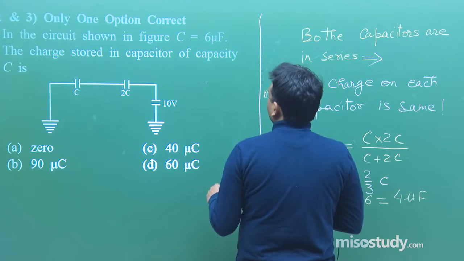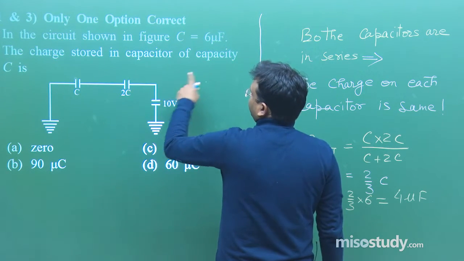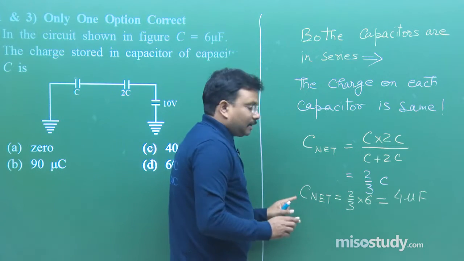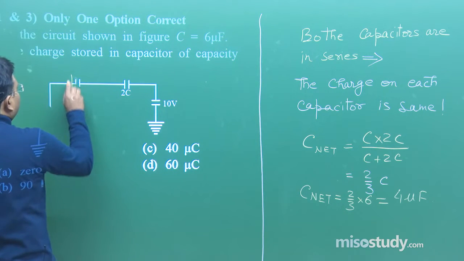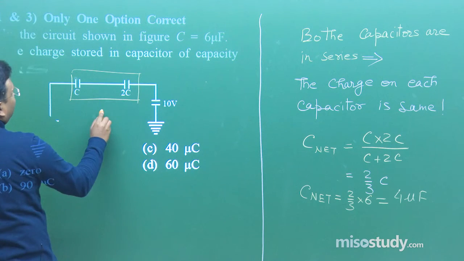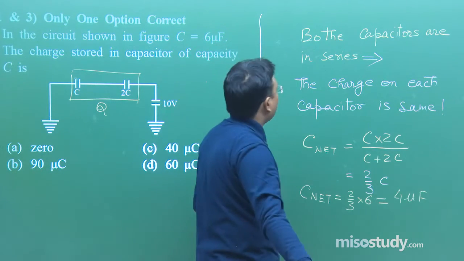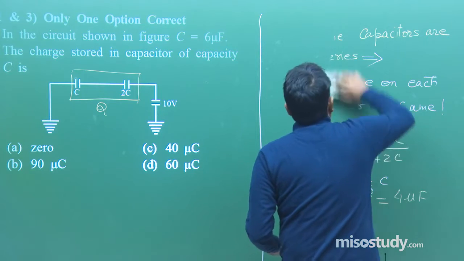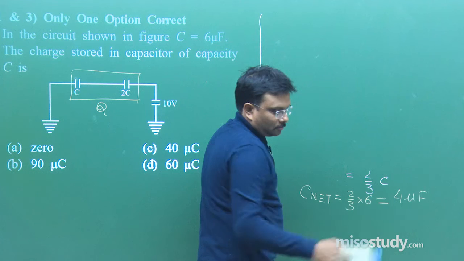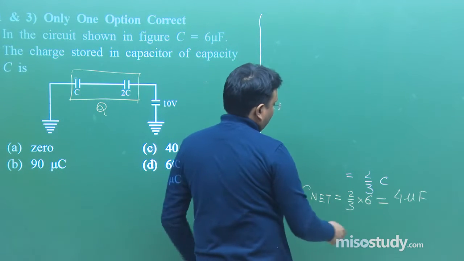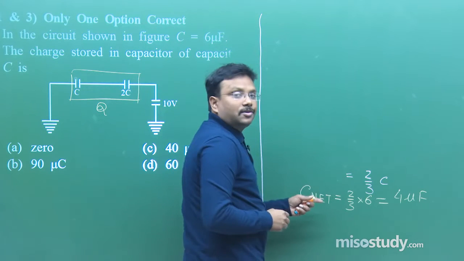Actually this 4 microfarad is the capacitance; we want the charge stored in capacitor of capacity C. Ultimately, after finding this value of net capacitance, fine, I can find the charge Q over here. So what will be the formula for that? Okay. So take a look over here, sorry, it is 2 by 3 C, fine.